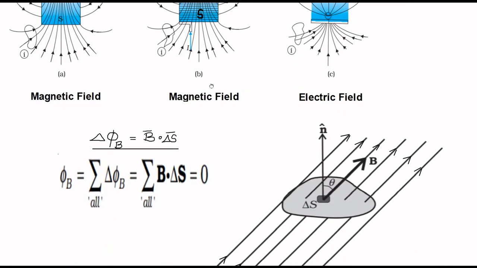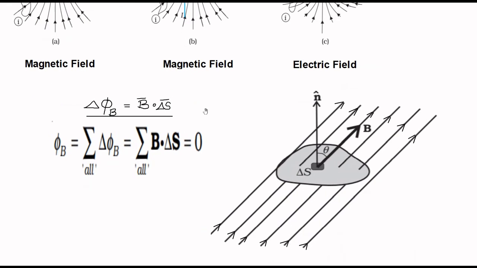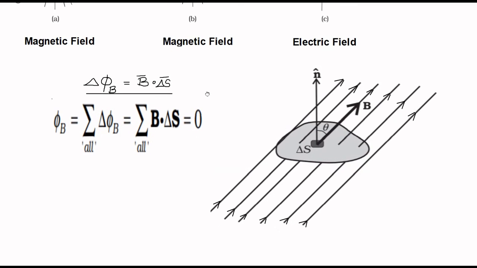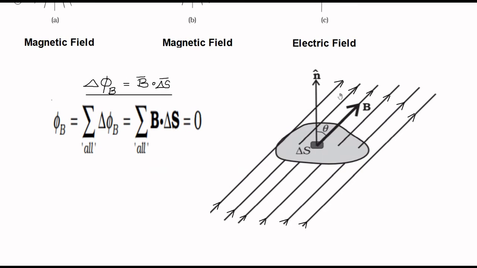Now let us come to Gauss theorem in magnetism. Look at this diagram. The parallel field lines represent uniform magnetic field B, represented by this vector.